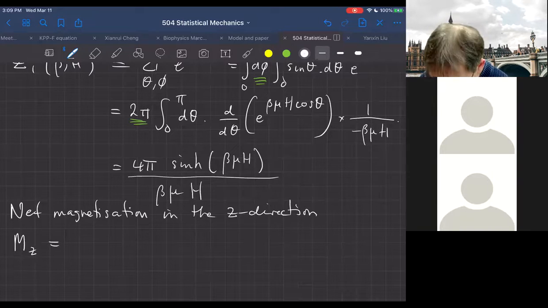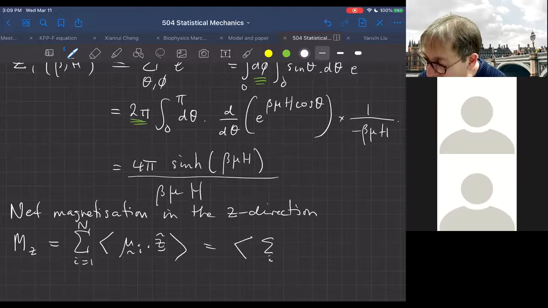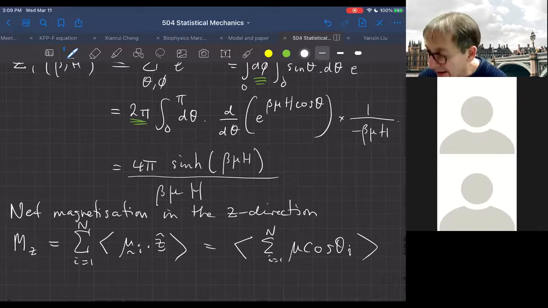What I want to compute then is the sum over all the spins of the expectation value of the magnetic moment dotted with the unit vector in the z direction, and then that is equal to the expectation value of the sum over I mu cosine theta I, like that.